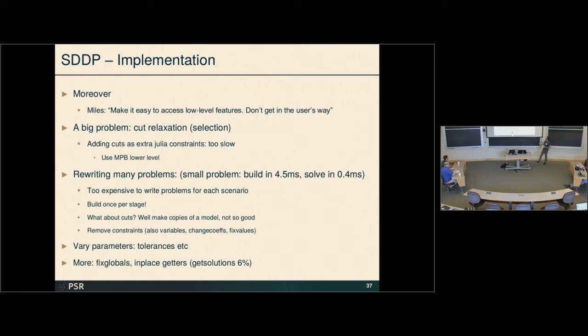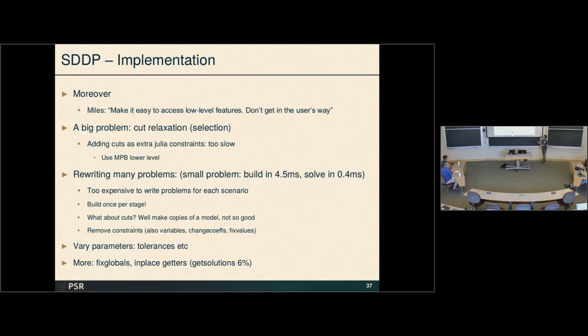But then I came up with the idea of removing constraints, that a lot of people do already. JuMP doesn't have that feature, but that made us add that thing to MathProgBase. So now MathProgBase works with deleting constraints, deleting variables, and changing coefficients. JuMP works with fixing values. So those things were motivated, at least for me, by this kind of problem.